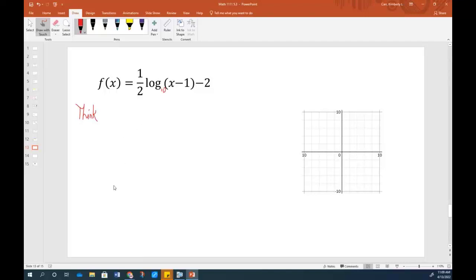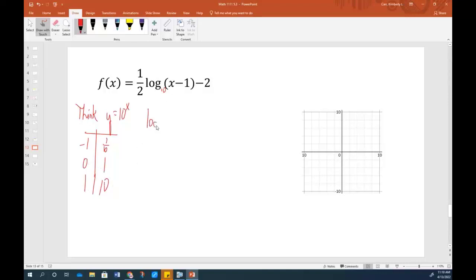The base here is 10. Let me think about y equals 10 to the x. So the related exponential equation: if I plug in a -1, I get 1/10. With 0, I get 1, and with 1, I get 10.